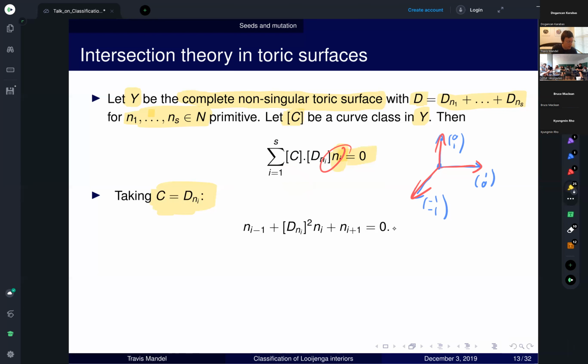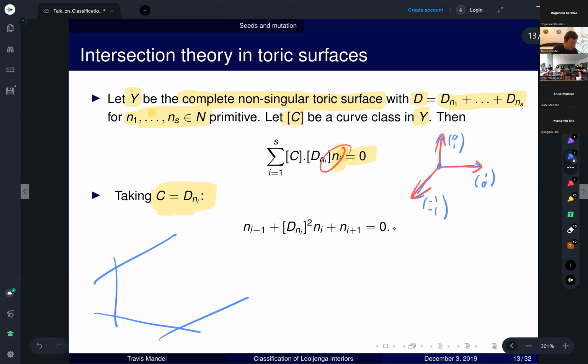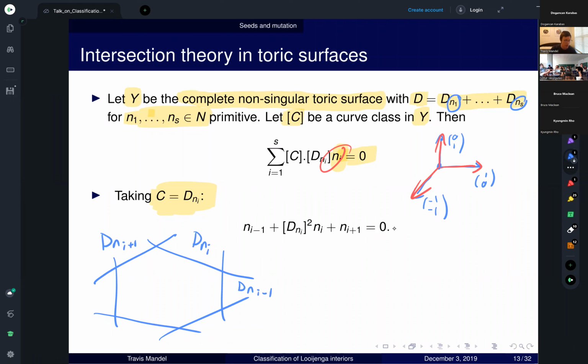So we could look at where C is just D_ni, and let's assume, so I didn't write this, but let's assume that these n_i's are cyclically ordered. So maybe this is D_ni, D_ni-1, D_ni+1. And I'll say s plus 1 is 1, so they're cyclically ordered.